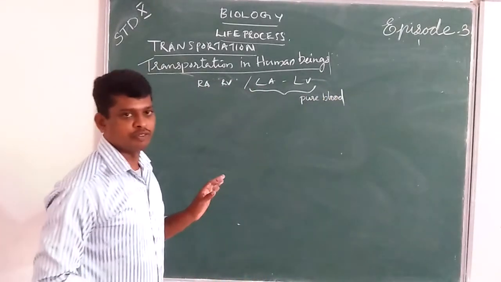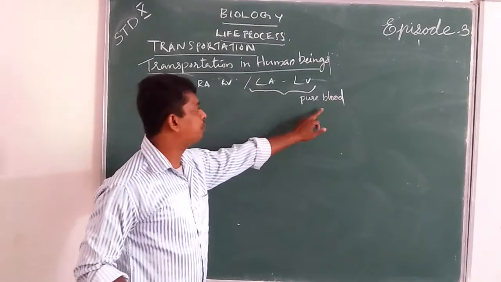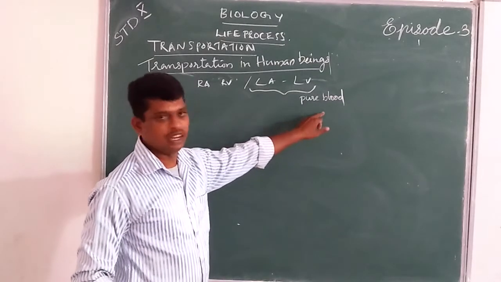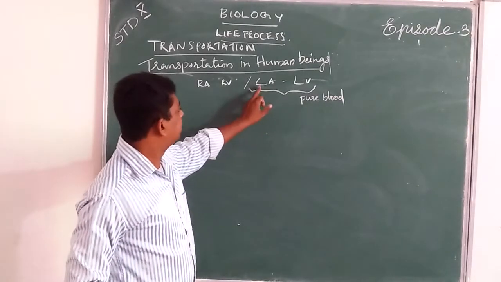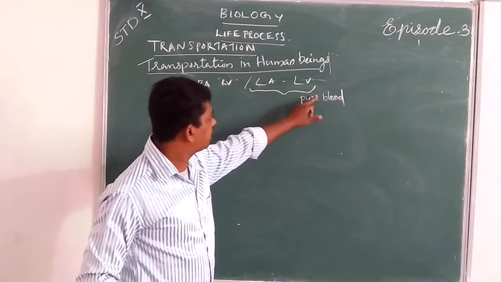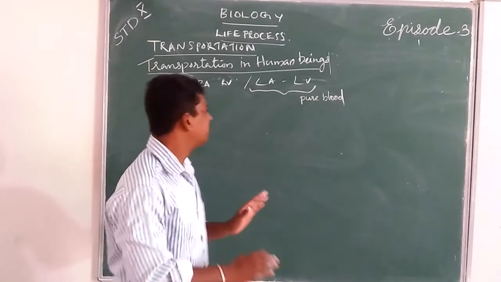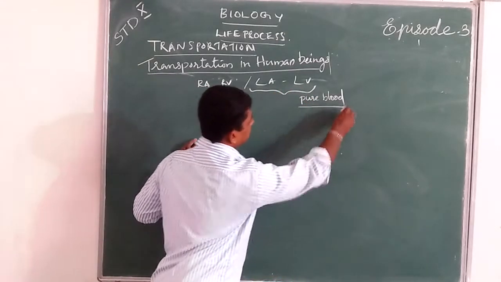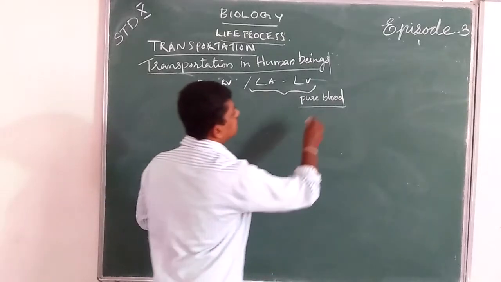The left side of the heart is filled with pure blood. The circulation of blood from the left atrium to the left ventricle, that means the left side of the heart, carries pure blood. Pure blood means oxygenated blood.